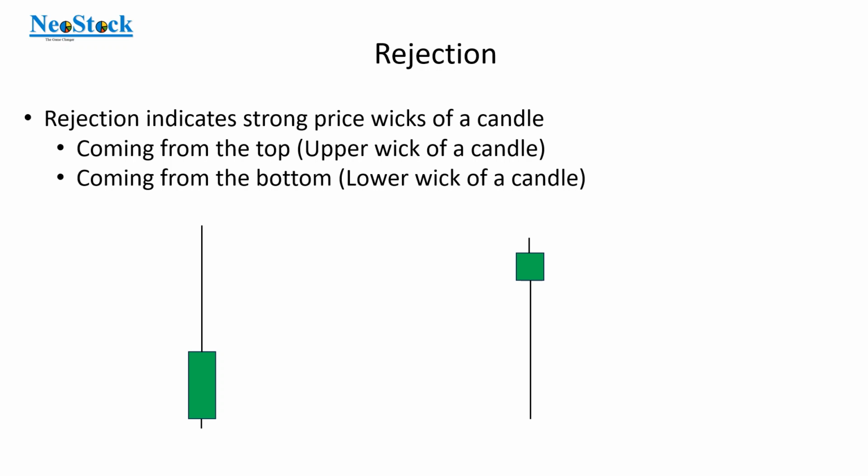We need to find the reasons why they are very strong. If you can find those reasons, this is going to be a price action clue, because we are learning price action concepts. So one of the concepts in price action is the price action clue, rejection. Rejection is a price action clue. Now let's learn more about these rejections. Rejection is also called price rejection.